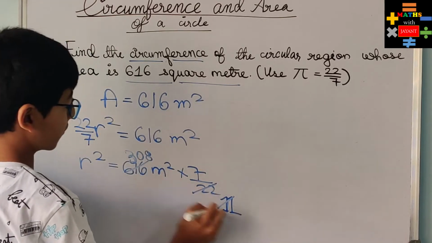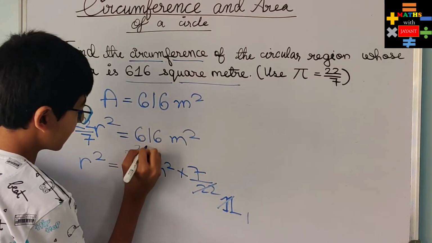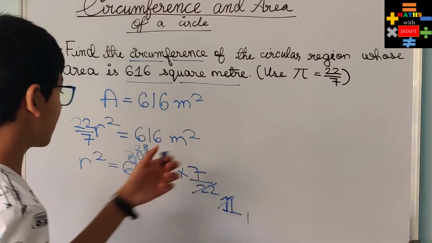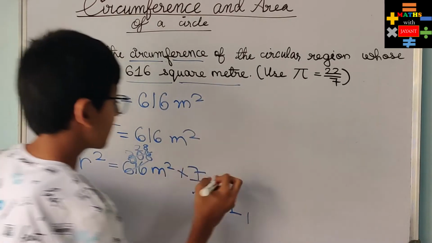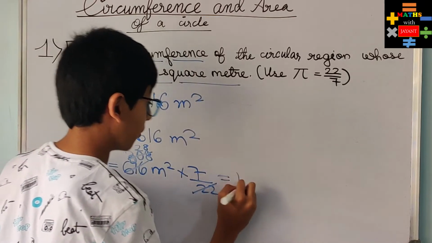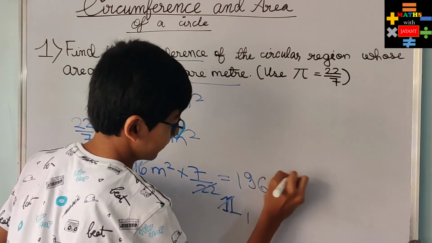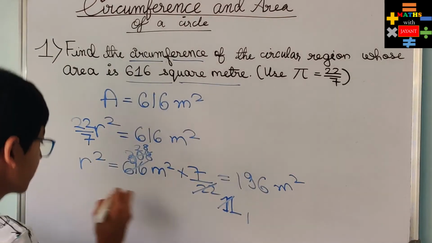Now this I can fully cancel. 11 ones are 11 and 28 11s gives us 308. All we are left with is now 28 into 7. 28 into 7 is 196 meters squared. Right? 196 meters squared is our radius squared.